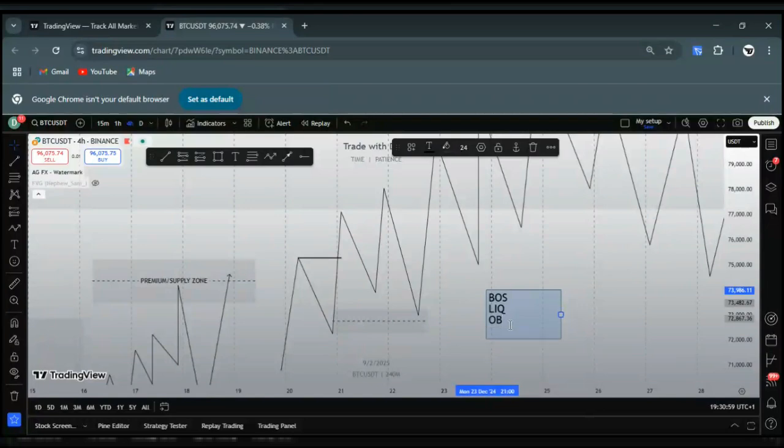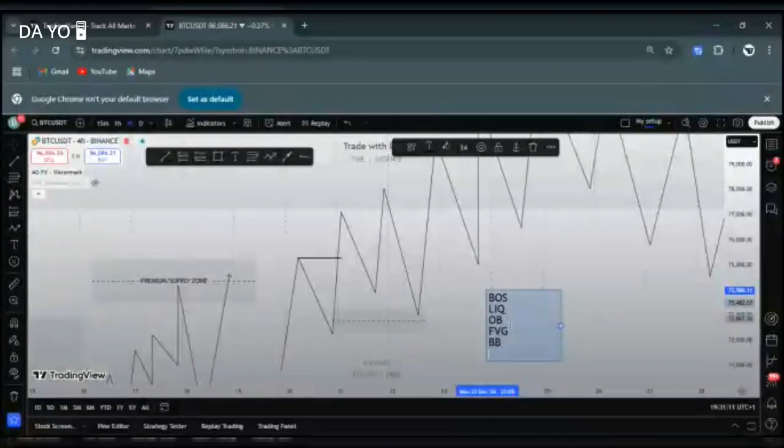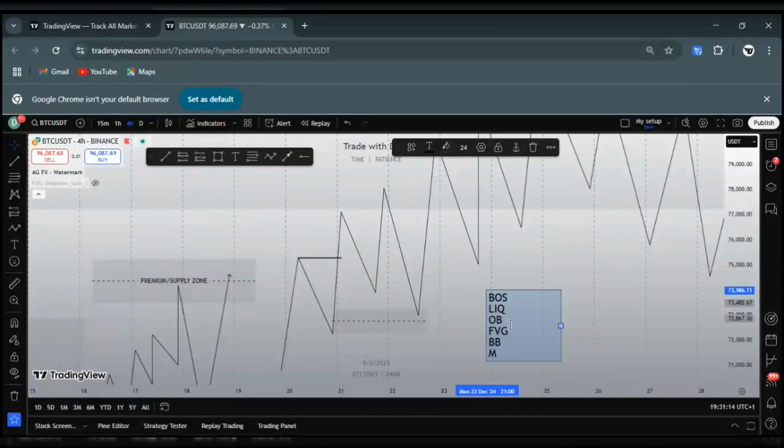Then you should see an FVG and a breaker block. We should also see a mitigation block. If you want to take it further, you can also see an inverse fair value gap, inverted fair value gap. Yes, this is a few of the confluences that validate your zone.